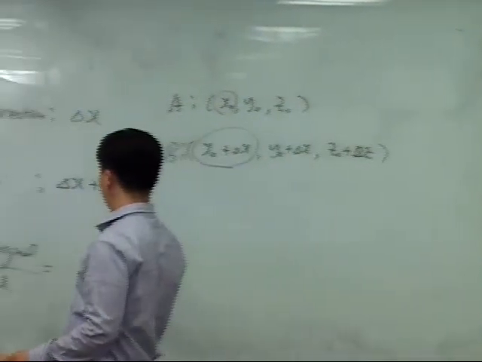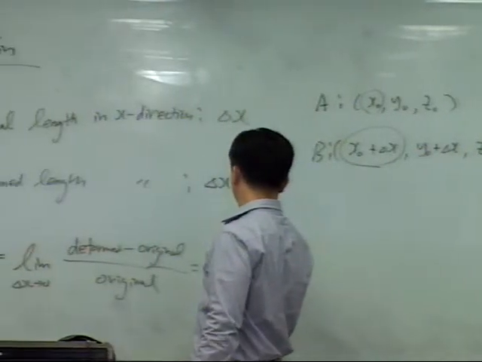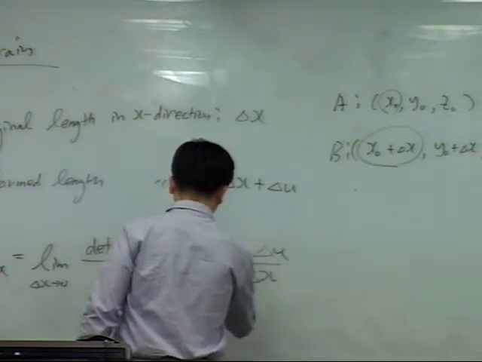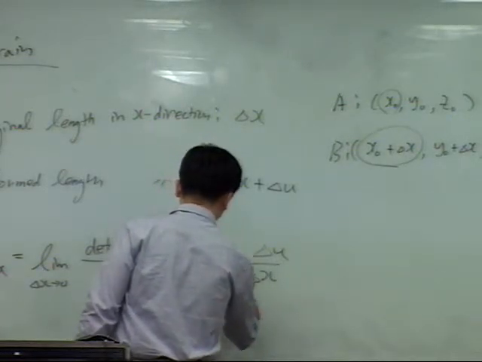This will be delta u over delta x, in the limit as delta x goes to 0.